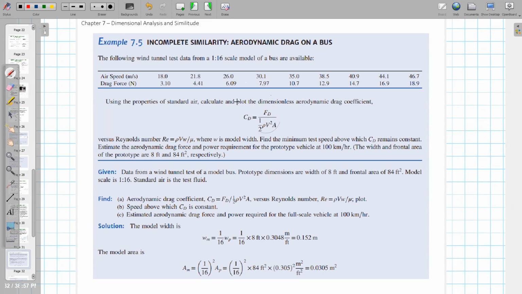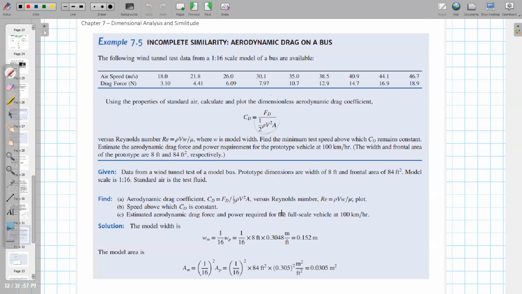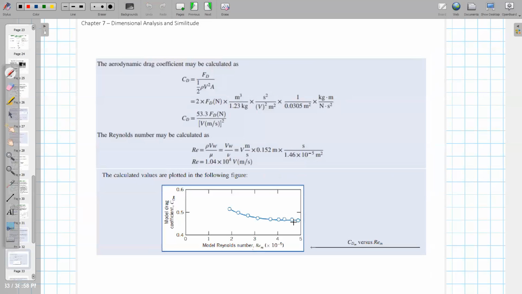But the good thing for this kind of problem in industry is what we find: if you plot the drag coefficient, CD, as a function of the Reynolds number, you will see that when the Reynolds number becomes large, meaning the air speed becomes large, then after it reaches some value in your experimental condition, this curve becomes flat.